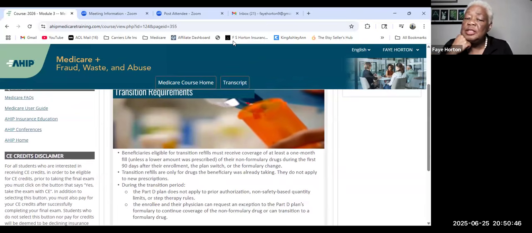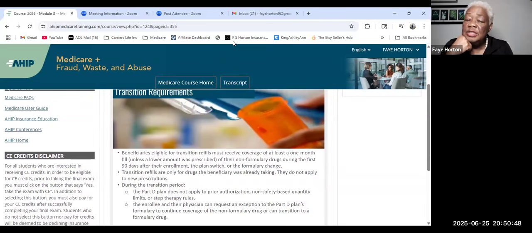Beneficiaries eligible for transition refills must receive coverage for at least 1 month, unless a lower amount was prescribed, of their non-formulary drugs during the first 90 days after their enrollment, after their plan switch, or after a formulary change.